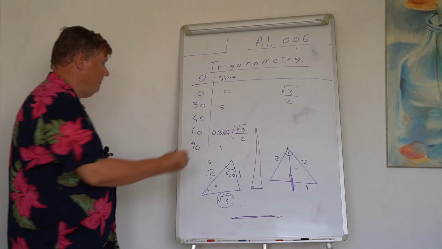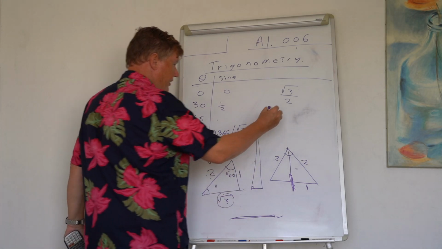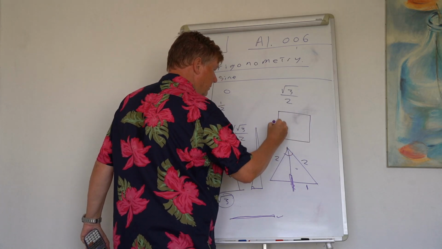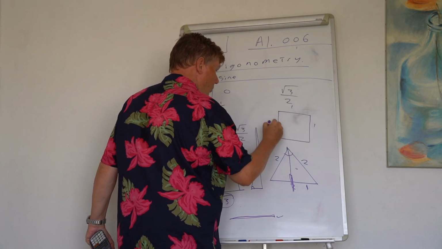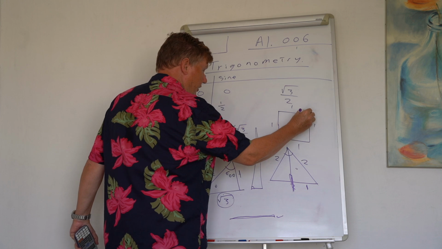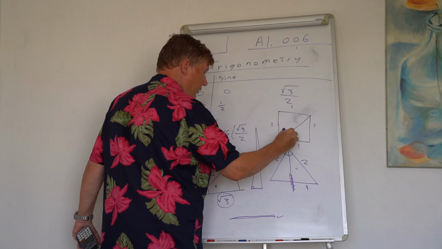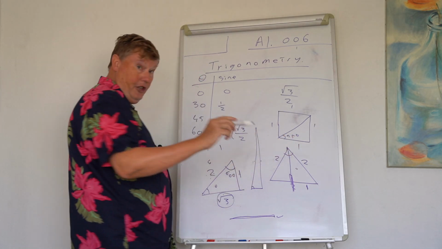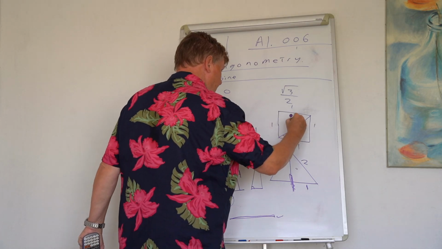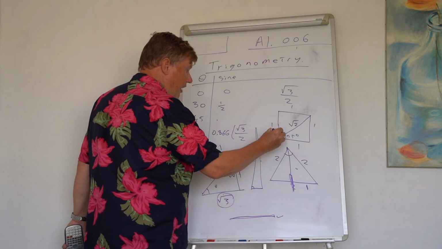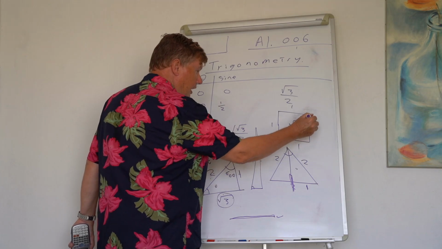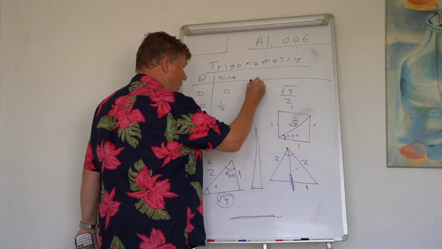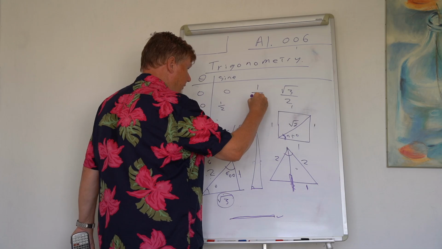And the last one is 45 degrees. Well, that's easy. If I make a box, 1 by 1 by 1 by 1, and draw a diagonal, that's 45 degrees. And 1 squared plus 1 squared is 2, so we know that that is the square root of 2, which means that the sine of 45 degrees is 1 divided by the square root of 2.